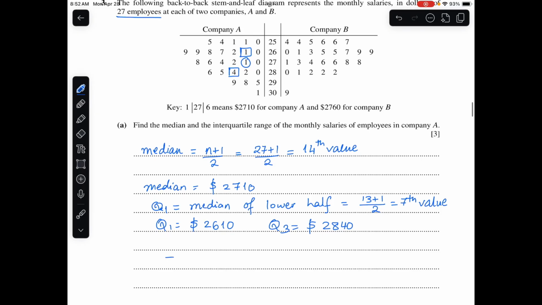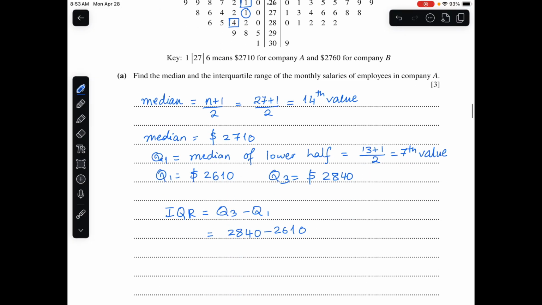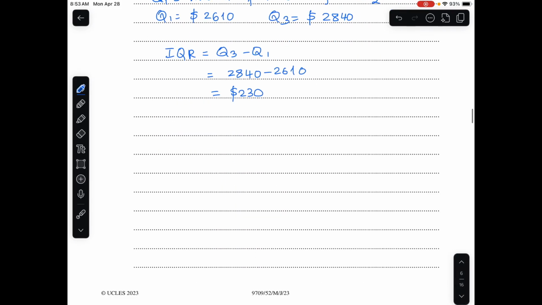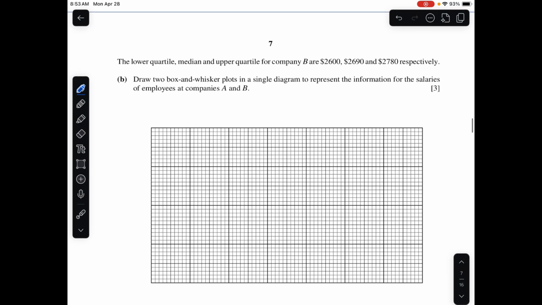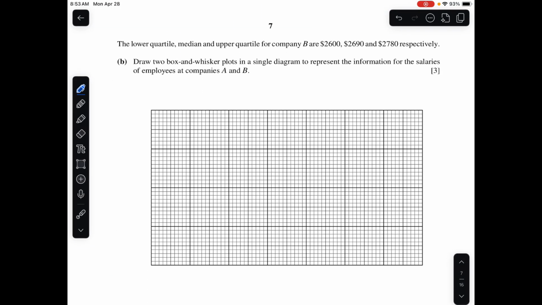So the IQR is going to be Q3 minus Q1, which is 2840 minus 2610, which works out to 230. All right.